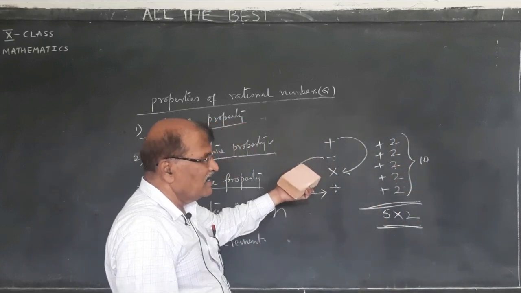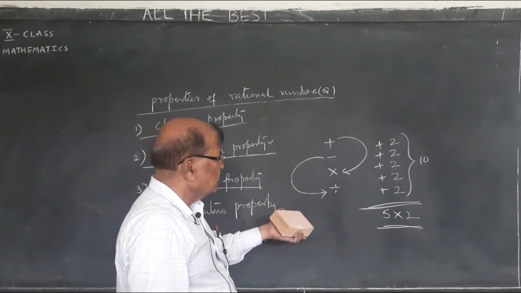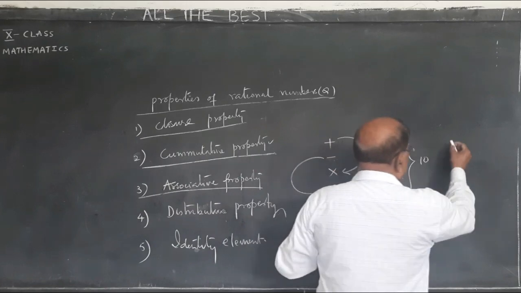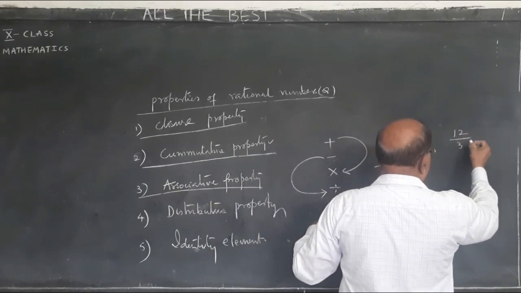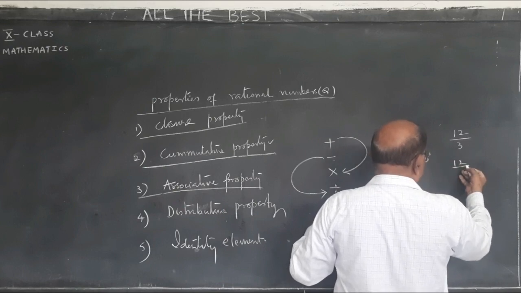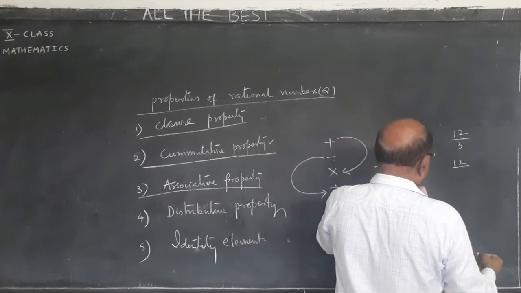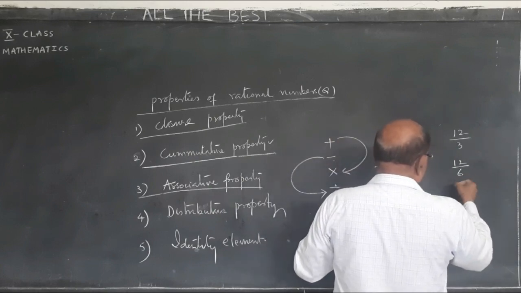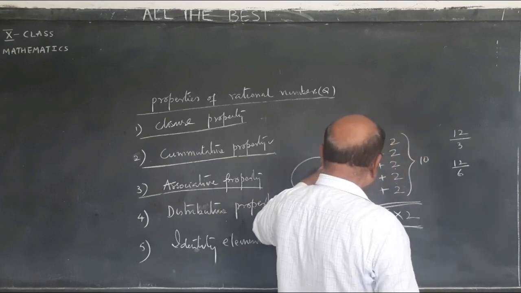So similarly division. For example, 12 divided by 3, so how do you repeat this? Repeated division is repeated subtraction.